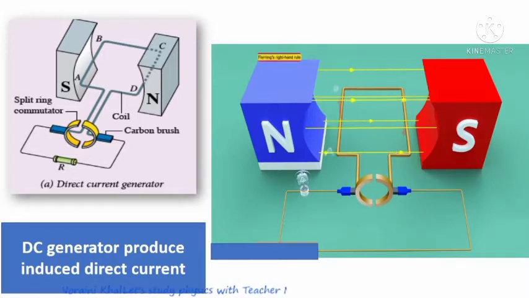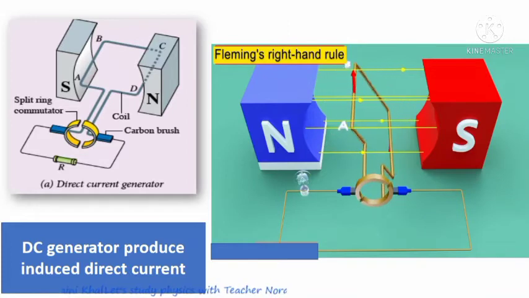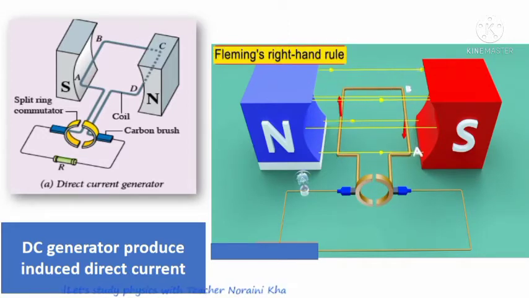Same as what we discussed before, to determine the direction of the induced current, we can apply Fleming's right-hand rule.